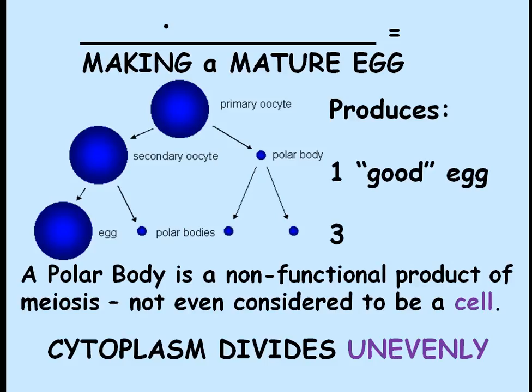Okay, so when a mature egg is made, this is what we call oogenesis, because an oocyte is the egg cell. That's what we call the egg cell, an oocyte, and you can remember that from the cell trials case study that we did. So during meiosis for an egg cell, or oogenesis, the cytoplasm will actually be splitting unevenly.